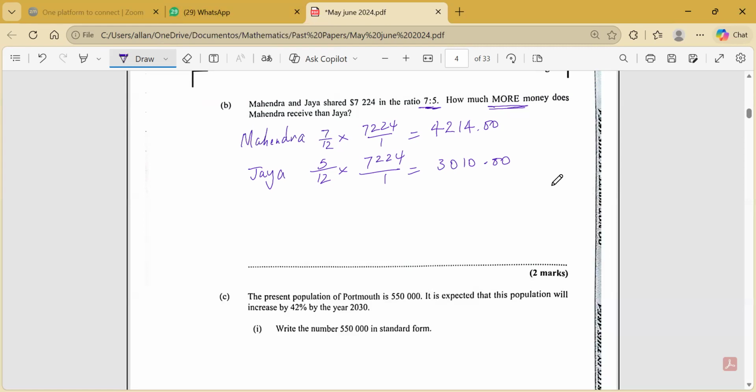I guess that's how your teacher would have taught you in primary school. Jedidia, correct. So we just find the difference of the two, and we will get 1,214 as our answer. No, that's not correct.